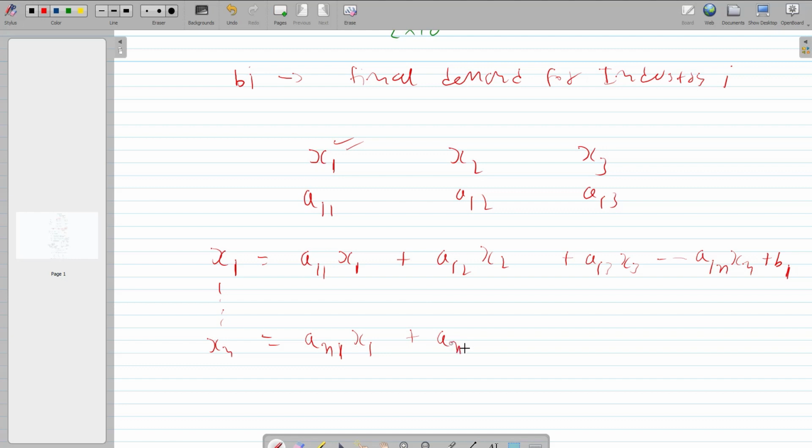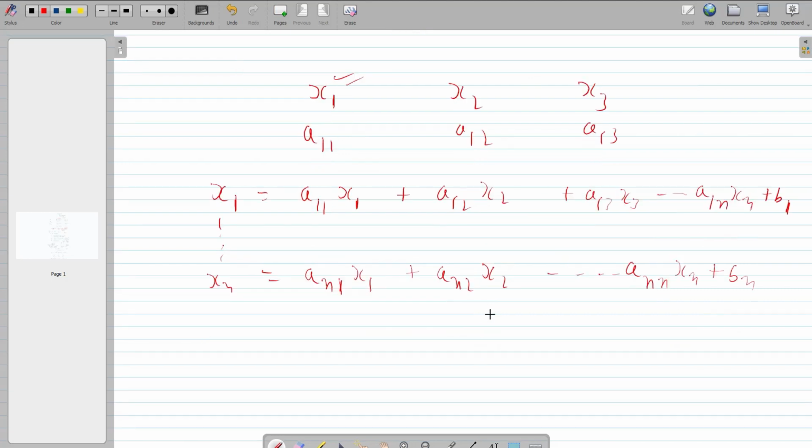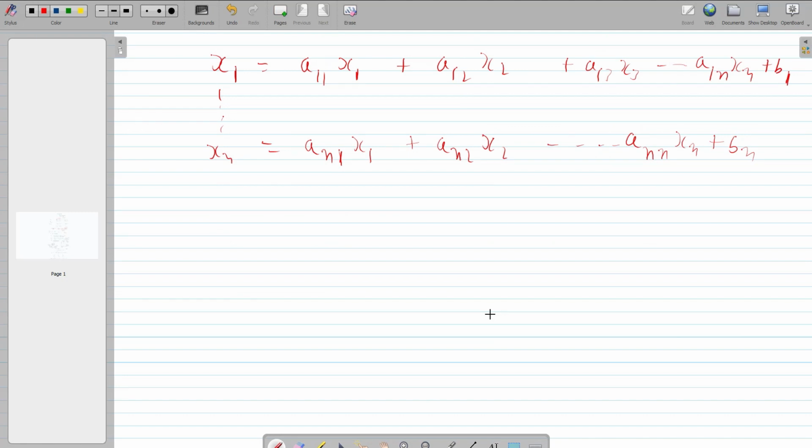Similarly, An2, that is good n needed to produce 1 unit of good 2, into total production of good 2, and so on till Ann, good n needed in industry n, into total production of good n, plus Bn. So again we have a system of equations, which is creating this input-output equilibrium. This is just a system of equations giving you the input and output, the interdependence of different industries.